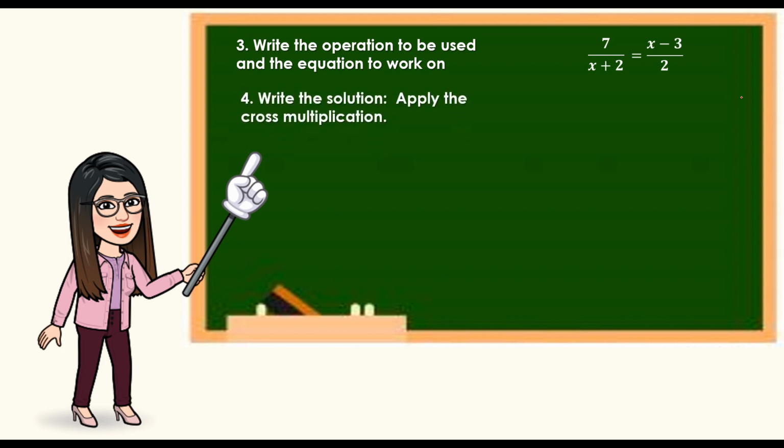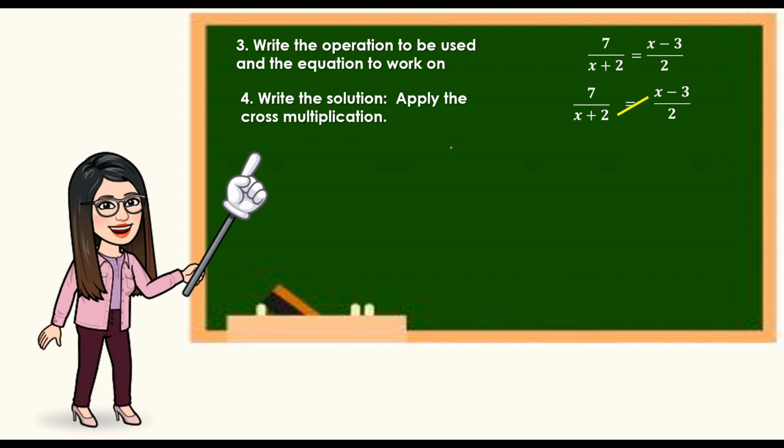Okay, so write the solution. Fourth step, write the solution, apply the cross multiplication. Since this is an equation of rational expressions, we can apply the cross multiplication method. So we have 7 all over x plus 2 equals x minus 3 all over 2.